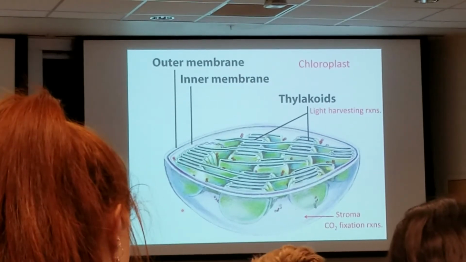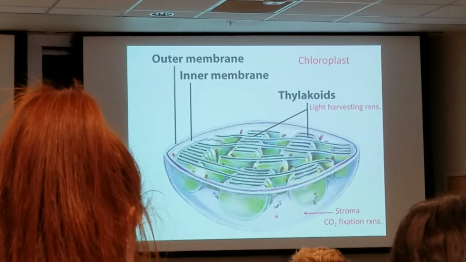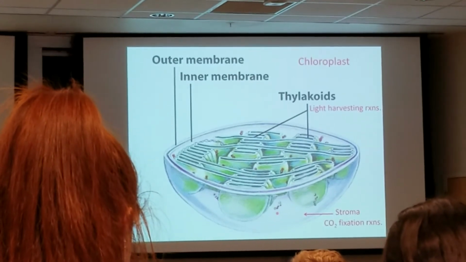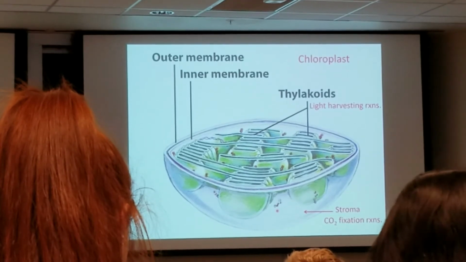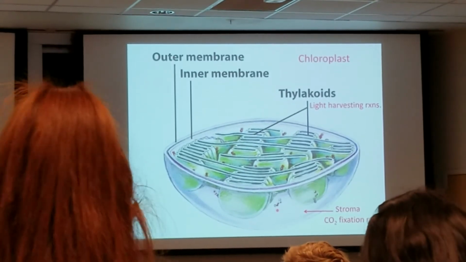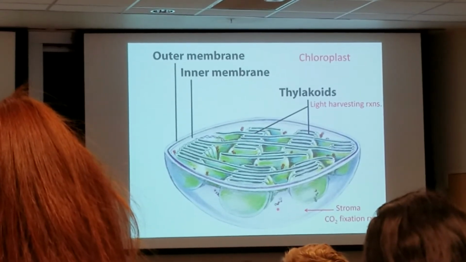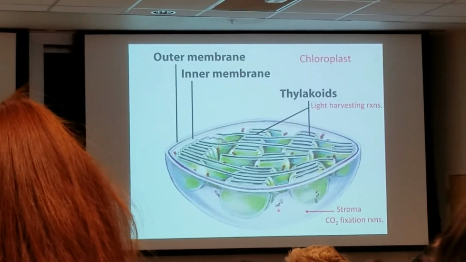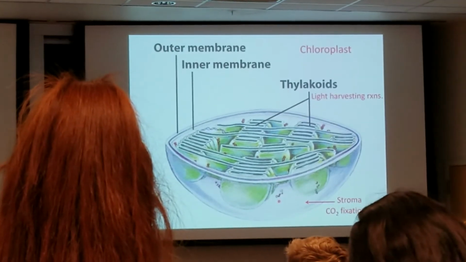So what I want to say is that this organelle has in this liquid some circular DNA, just like the mitochondria have some circular DNA. But just like with mitochondria, about 80% of the proteins necessary to build everything in the chloroplast are actually coded for by the nucleus.